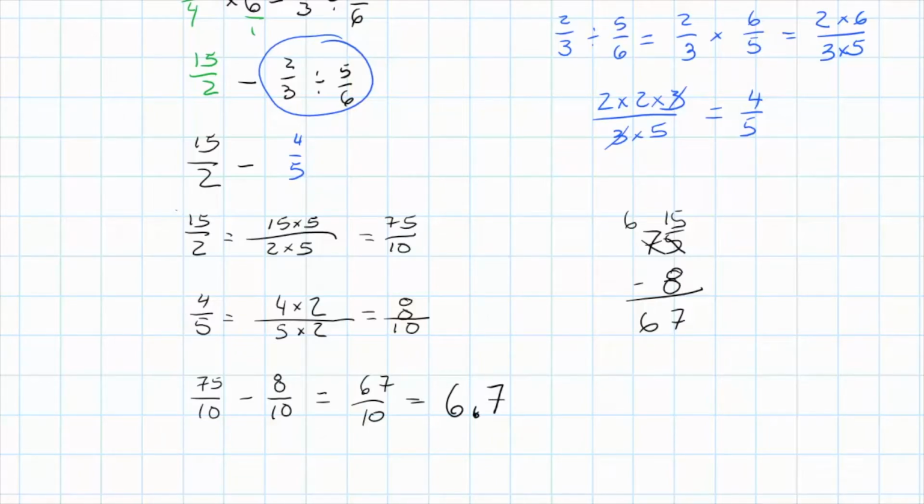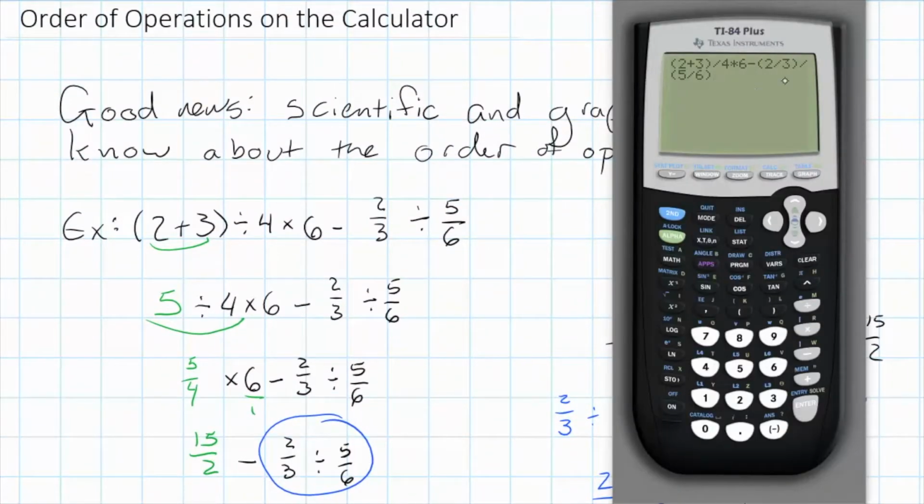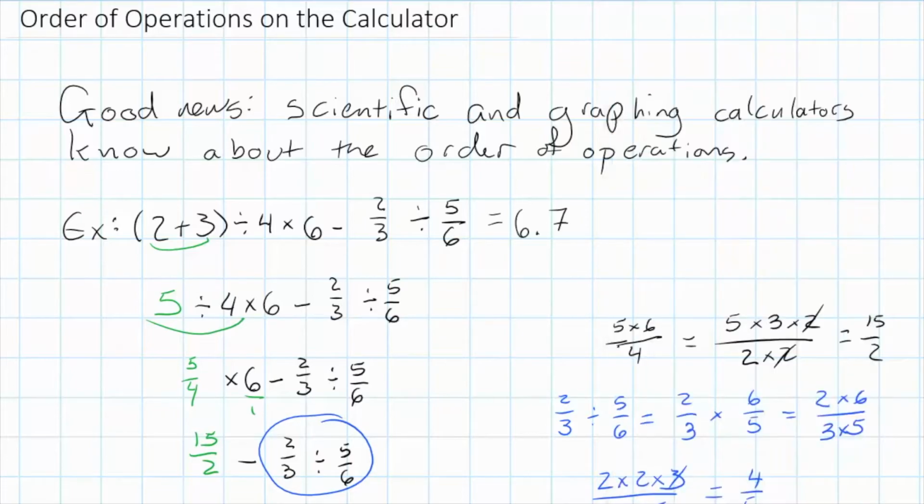Putting the same expression into the calculator, noticing that we have to put parentheses around 2/3 and 5/6, since each of these is a fraction, it's a single number, we get 6.7, which is the same answer that we had previously.